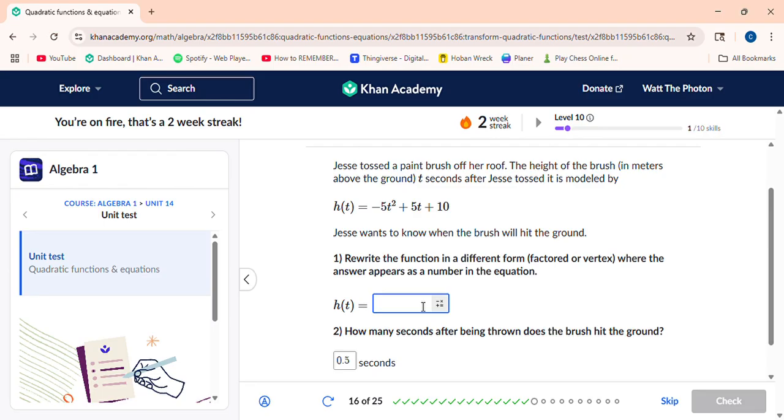I'm supposed to divide everything by 5 if that's what they want. So you get negative t squared. We'll just get positive t squared minus t minus 2.